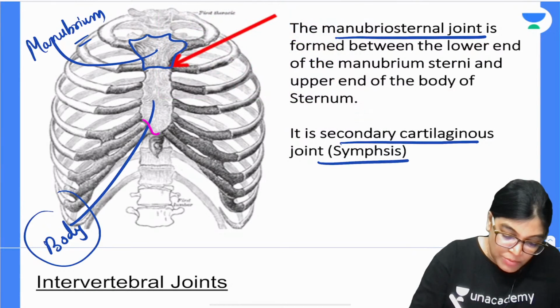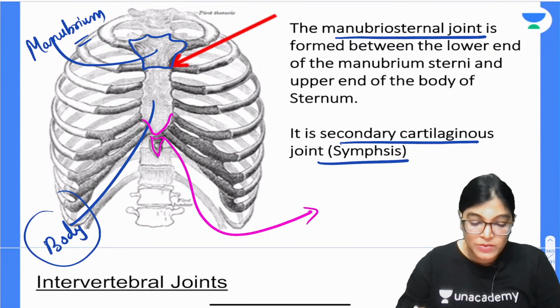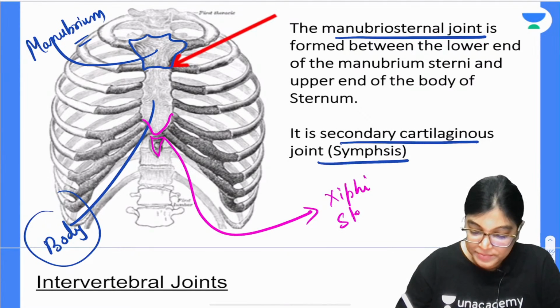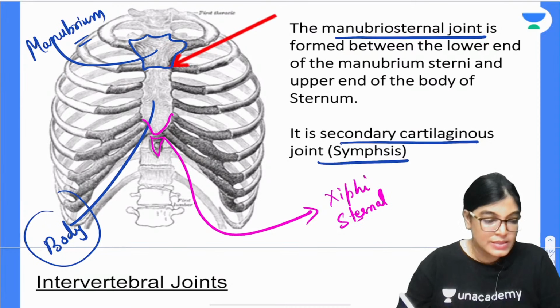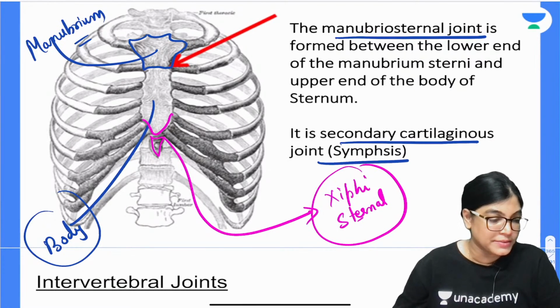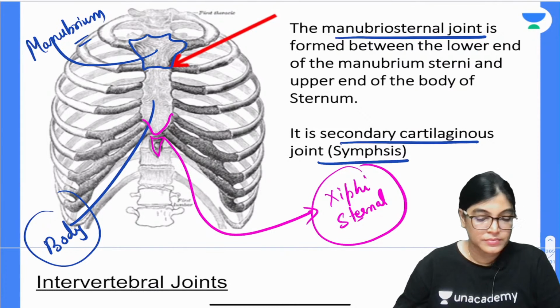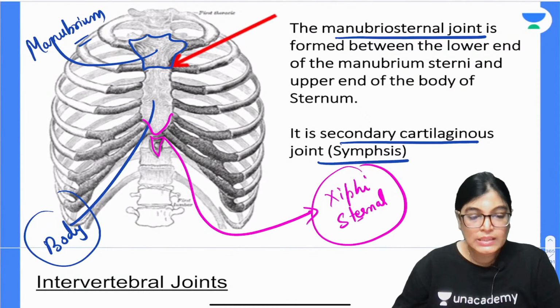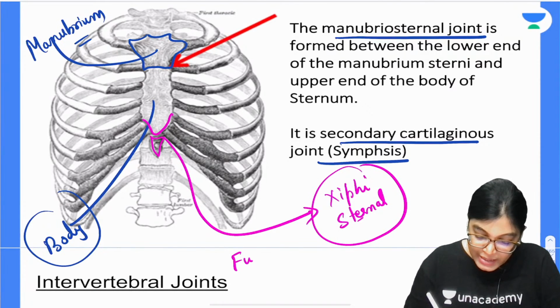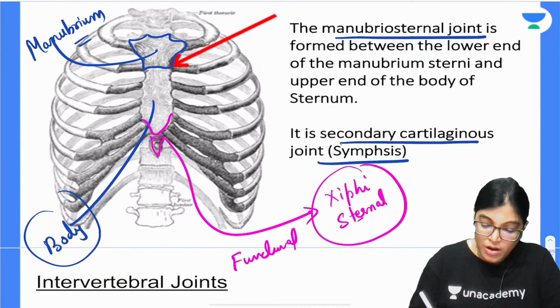Now, the articulation between the lower aspect of the body of the sternum and the xiphoid process is called the xiphisternal joint.